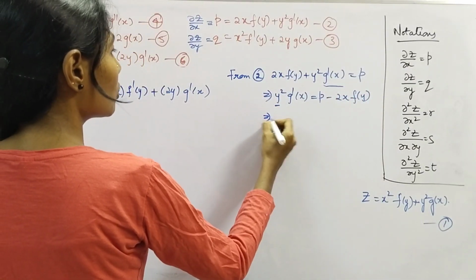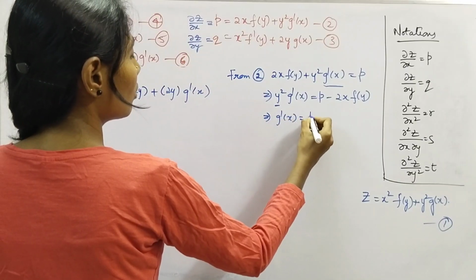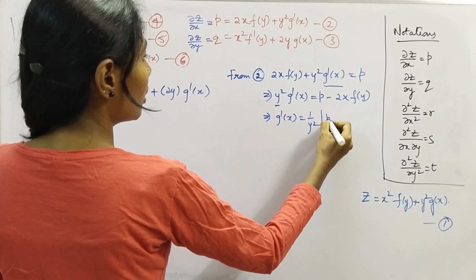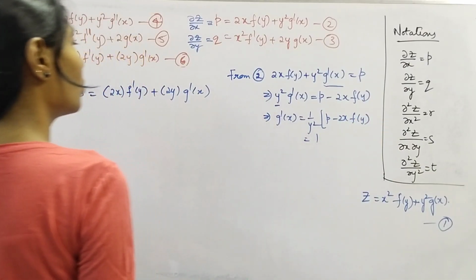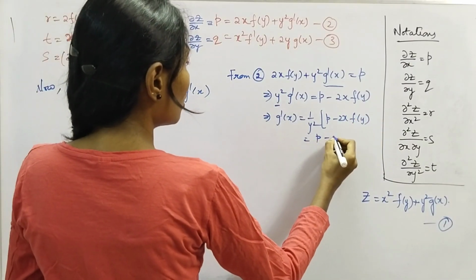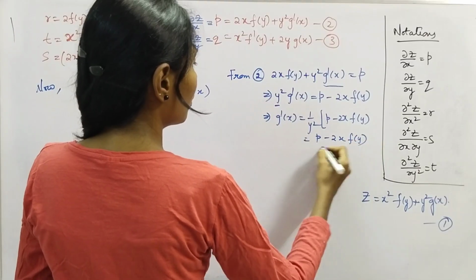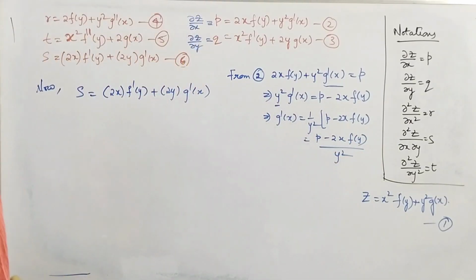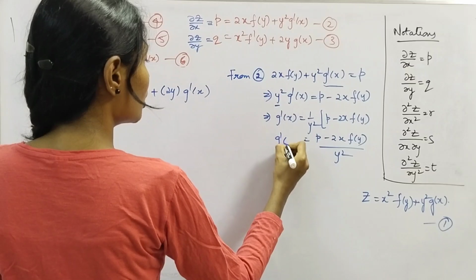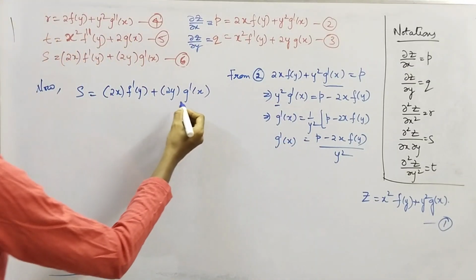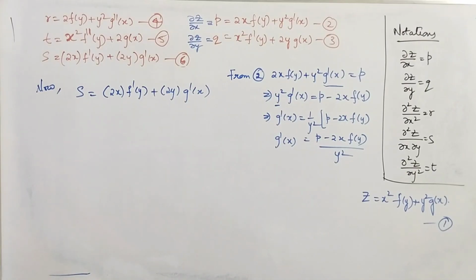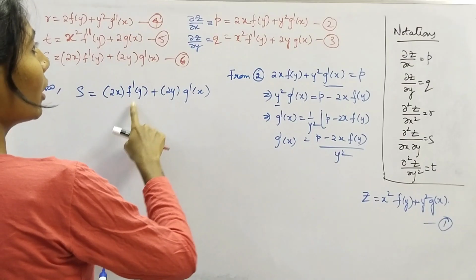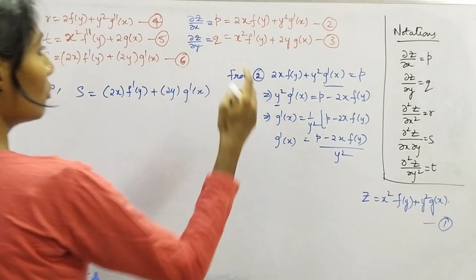Now take this y² to the RHS, you'll get g'(x) equal to 1 by y² times (p minus 2x f(y)), or better, (p minus 2x f(y)) by y². Okay, so now we got the value for g'(x), right? You can replace g'(x) using this value. Fine, very good. Now we'll find the value of f'(y) using equation 3.